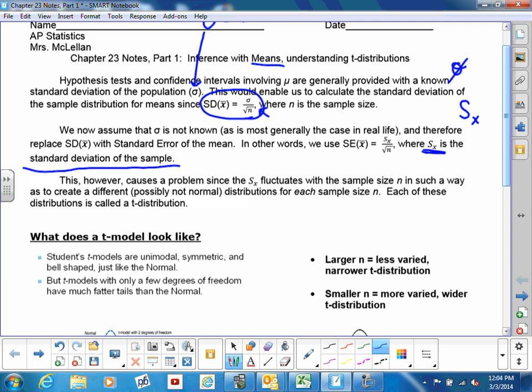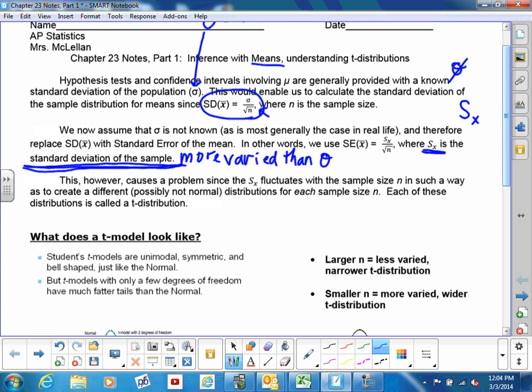Do you think a standard deviation of a sample will be more or less varied than the population? More varied. Okay? So standard deviation of the sample is more varied than the standard deviation for the entire population.